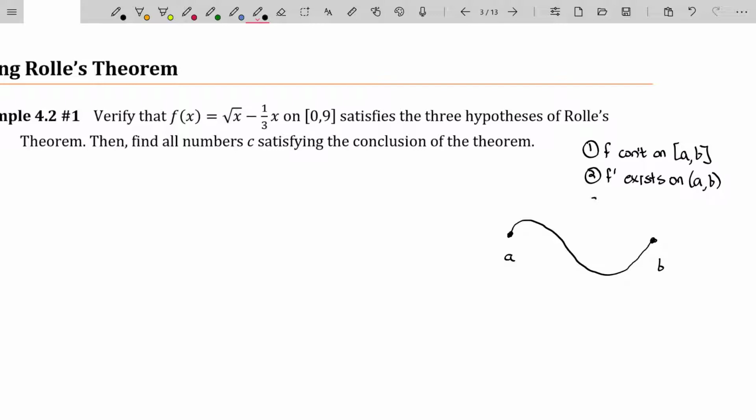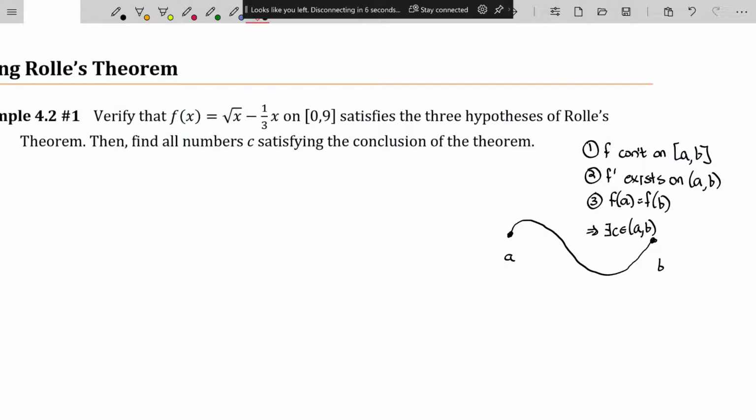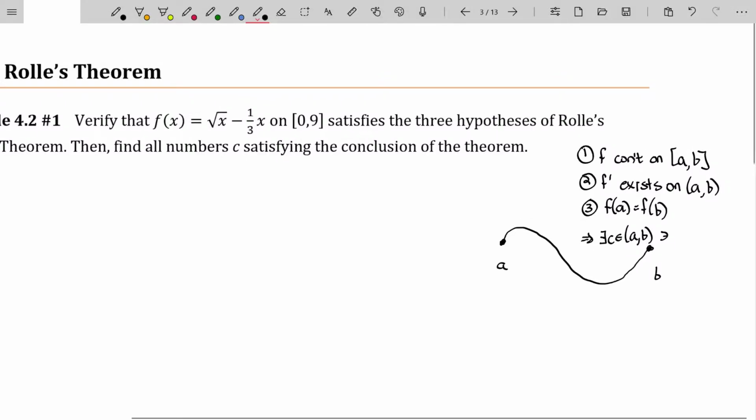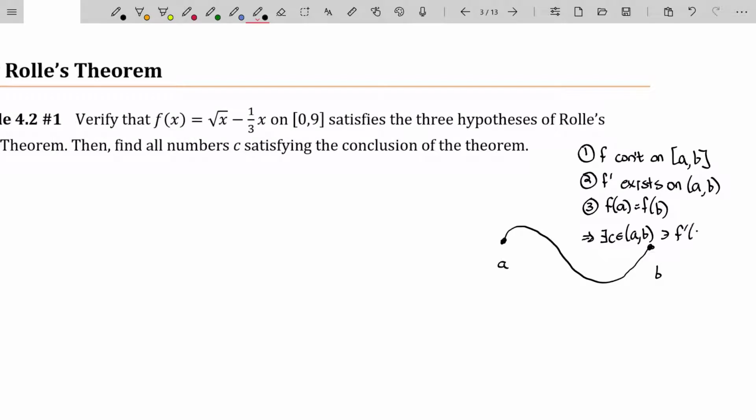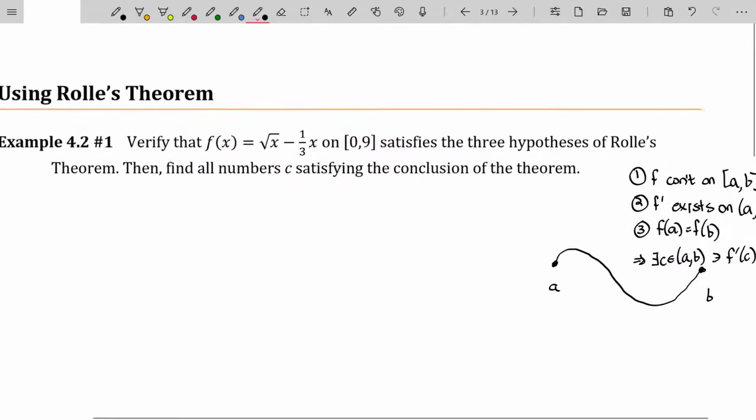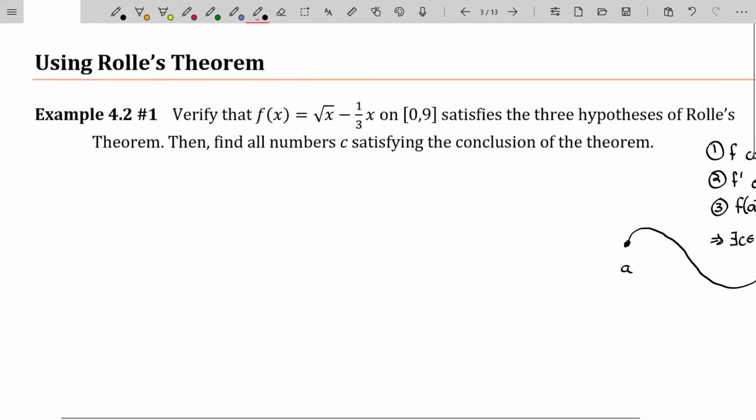And you need, finally, f of a to equal f of b. If all three of those conditions are met, then you know there exists a c in the open interval from a to b such that f prime of c is 0. All right, so let's go ahead and try to do that here.